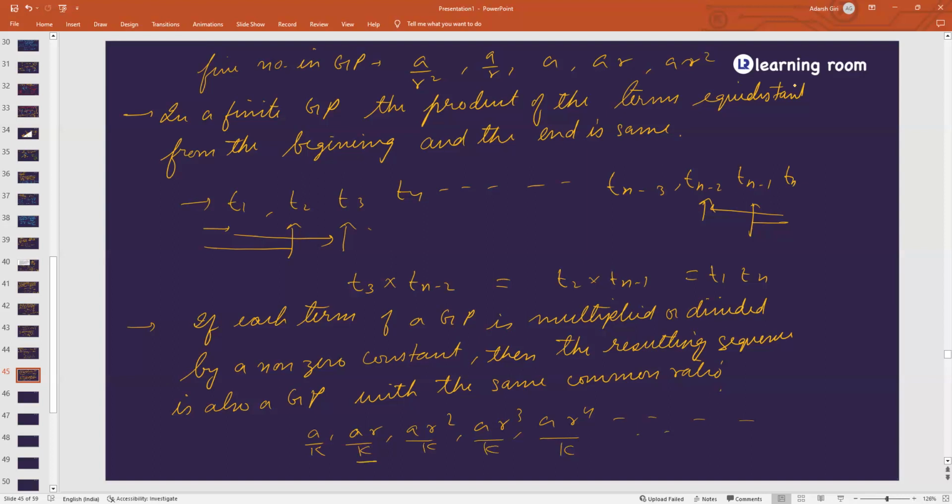Because if you take a number and divide it with the previous number, K will be cancelled, because you have included that number in every term of the sequence, isn't it? So ultimately our common ratio will be the same. It won't be affected. Yes or no? Yes, sir. Write this page. We'll move on to the next one.